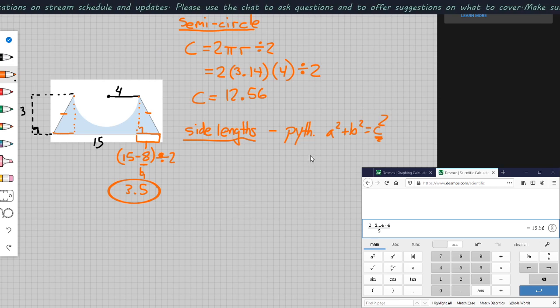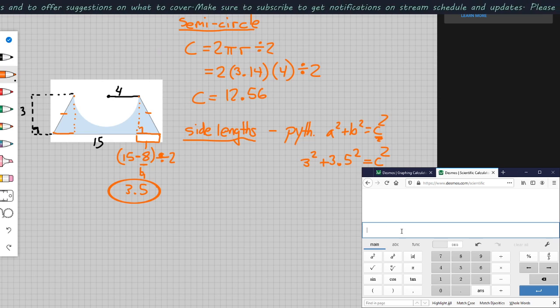So we're going to do 3 squared, and we get that from here. This is this. So 3 squared plus 3.5 squared equals c squared. So let's use our handy dandy calculator and clear. 3 squared is 9, and then 3.5 squared is going to be 12.25.